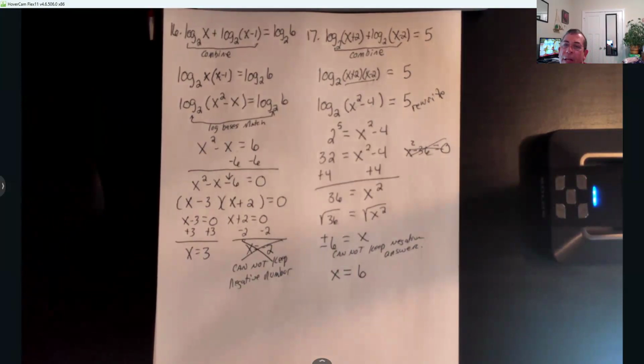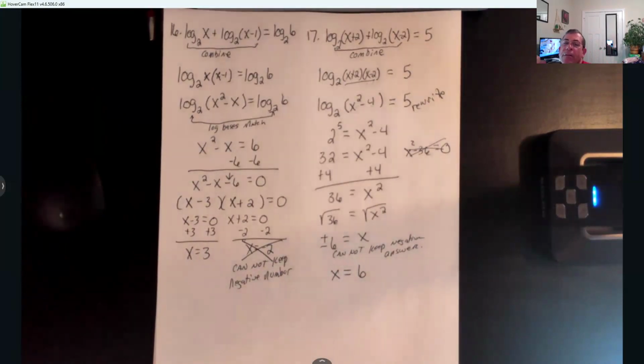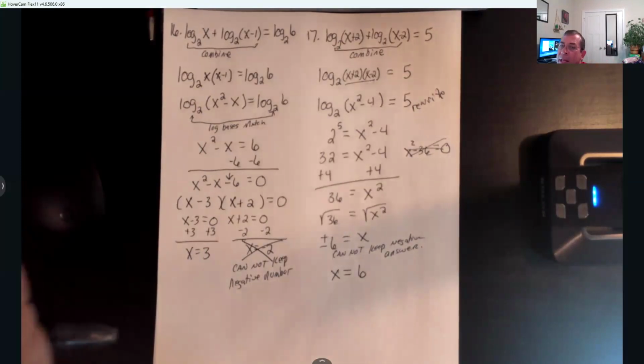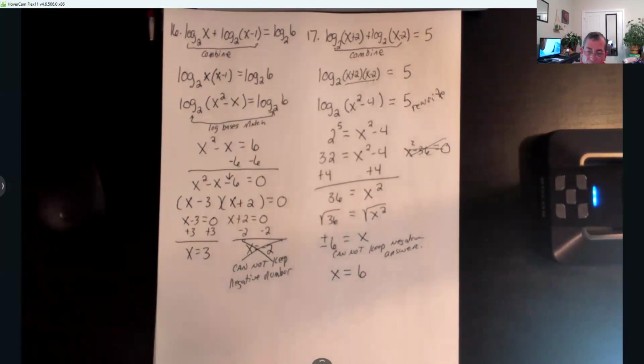And then we looked at, did we have the same bases on each side for the log? If we had logs on each side, we set the results equal to each other and solved it. If we didn't have logs on both sides, we rewrote it as exponential and then solved it that way, okay?